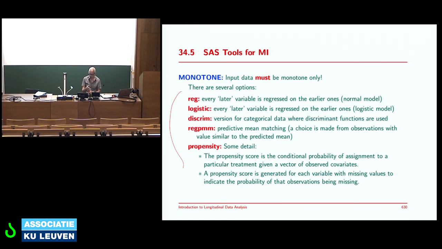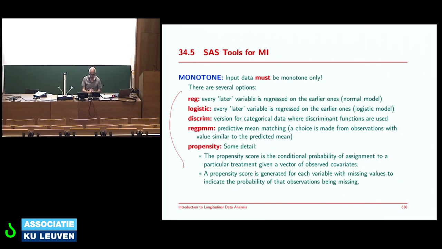In other words, you look at a number of people with the same or with similar observed data, but with also the missing data for your subject observed. So let's say subject 7 has the measurement at time 4 missing. You look at many other subjects that are the same in terms of the observed data of subject 7, but that have a value at time 4. And then you draw from those. So that's predictive mean matching.